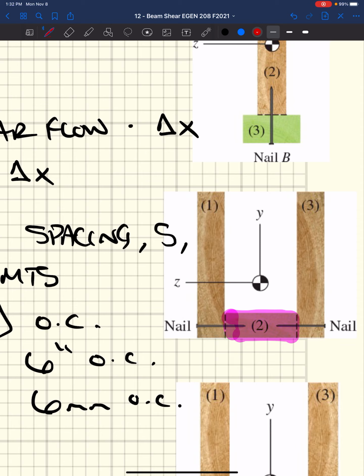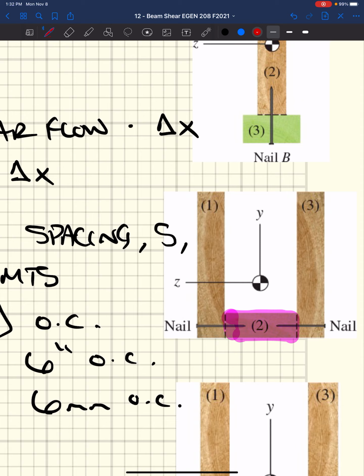You're calculating something that is connected like this, right? We're really trying to figure out an entire shear force that's acting through this element and transferring it to other elements. So when we're looking at Q for this type of situation, we're going to look at Q for this pink, or I guess magenta, highlighted box.